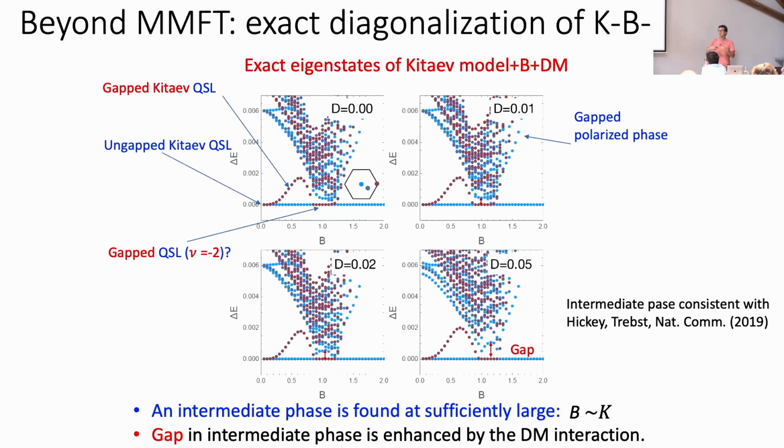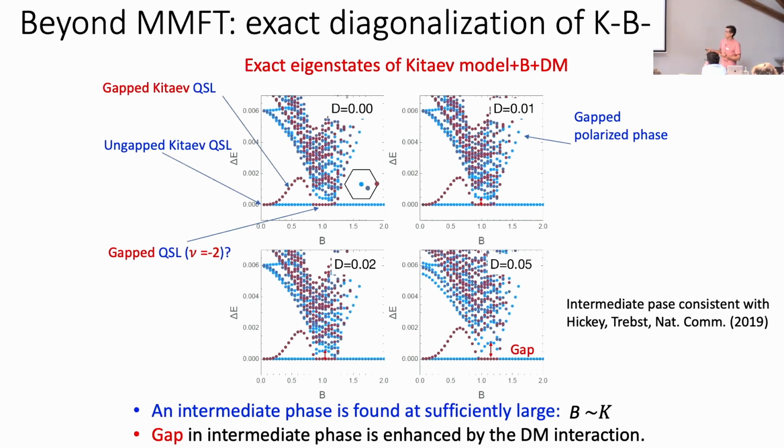Now, in order to have a bit of a test of this Majorana field theory, we compared with exact diagonalization on this model, and these are the spectra of excitations of the system as a function of the magnetic field, for different Jaruzelski-Moriya interactions.